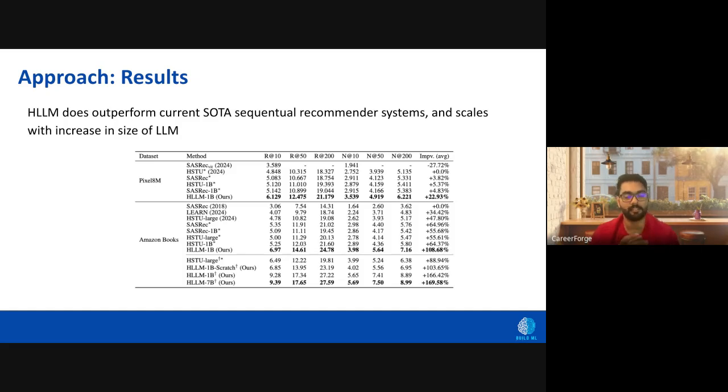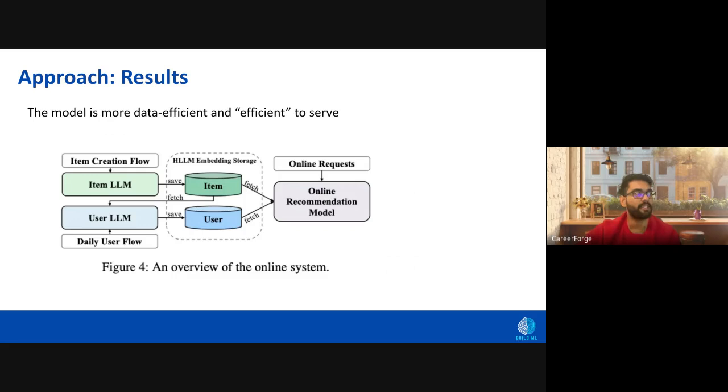Now the other question is, yes, LLMs do add value. That makes sense, and this kind of improvement is quite significant. But can we actually use it in production settings? What they're saying is, the LLM model is actually more data efficient.